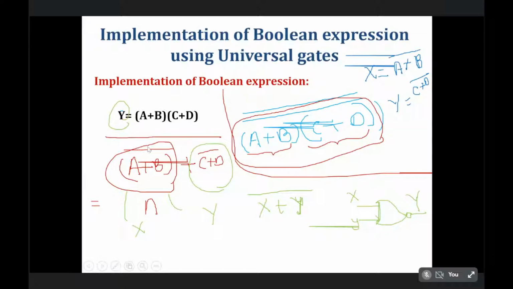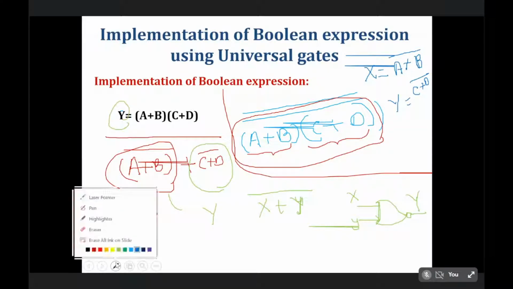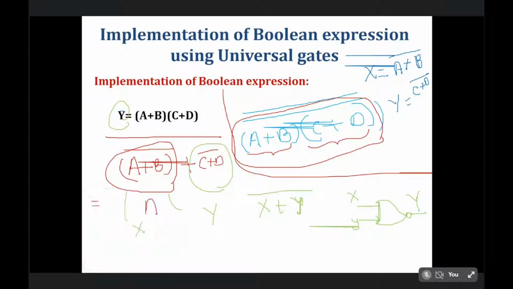Okay, so what we have to do here? See, this x is equal to a plus b whole bar, y is equal to c plus d whole bar. How can we implement? X will be implemented by just replacing this with one NOR gate.